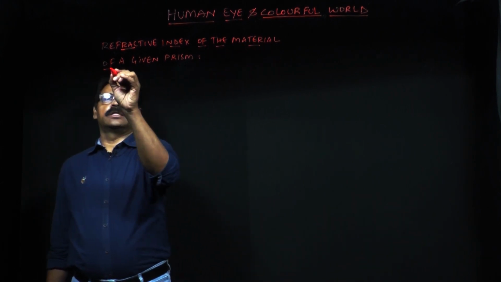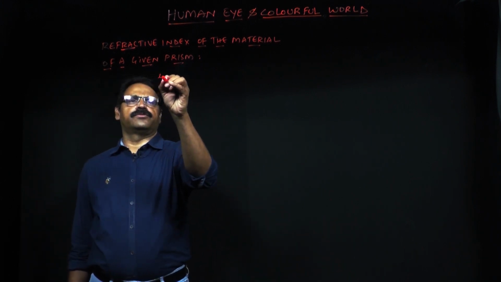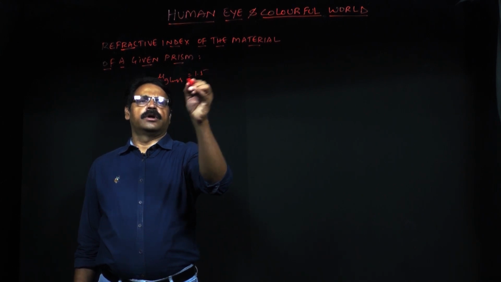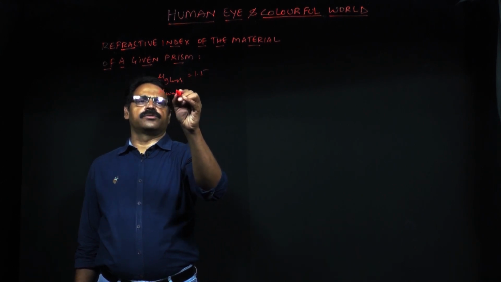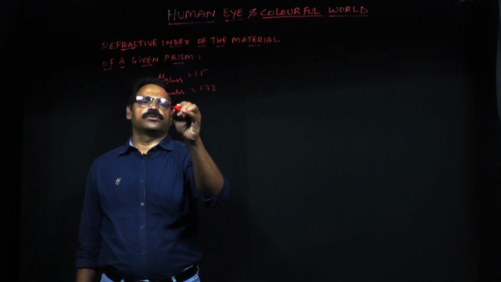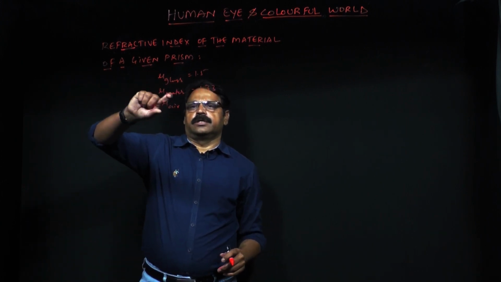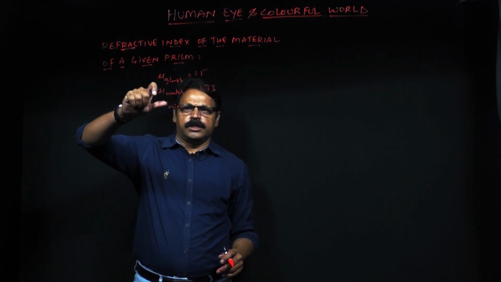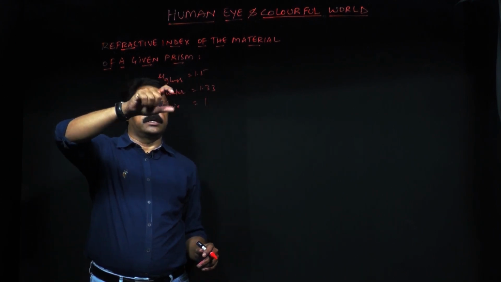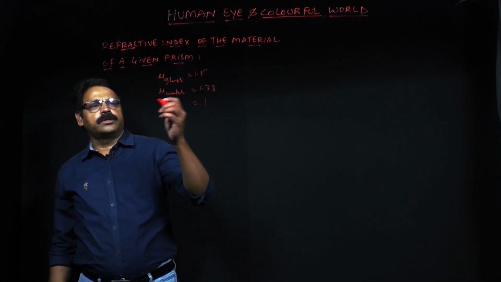As a standard, we have seen that the refractive index of glass is 1.5, the refractive index of water is 1.33, and the refractive index of air is 1. Likewise, it designates whether it's a denser medium or a rarer medium, whether it's optically denser or optically rarer. You can identify the optical nature with the help of the refractive index.